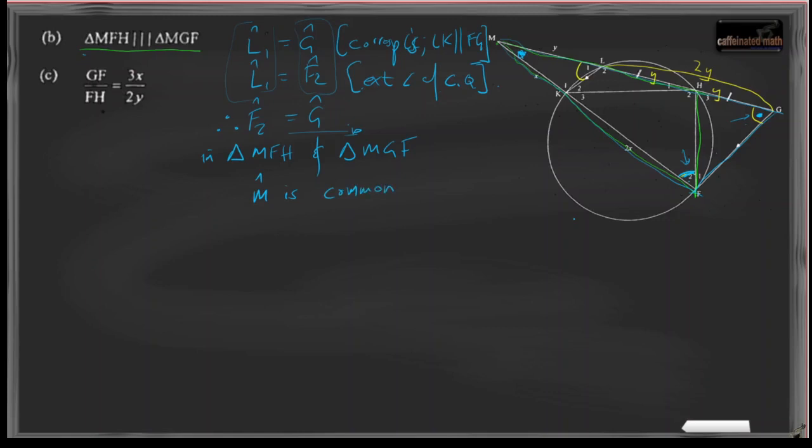Then we have angle F2 being equal to angle G, and that is of course proven above. And then finally we have angle MHF being equal to just the entire angle F, and those are of course the third angle in a triangle.